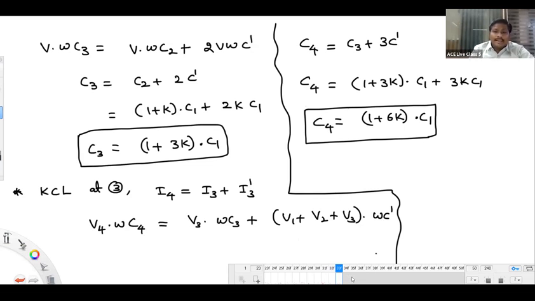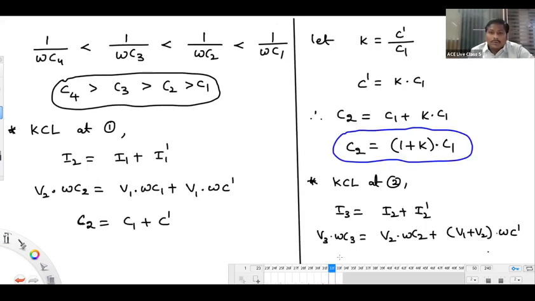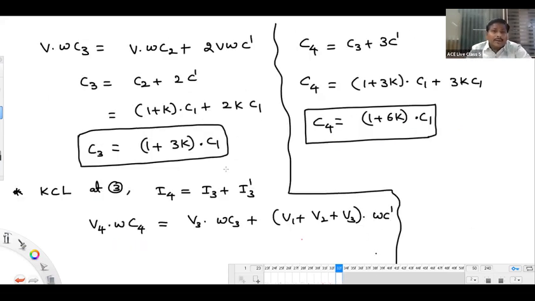Now let's take the ratio between the four capacitances, or else I will tell you this first. Look, all of you. C2 equals C1 plus C dash.